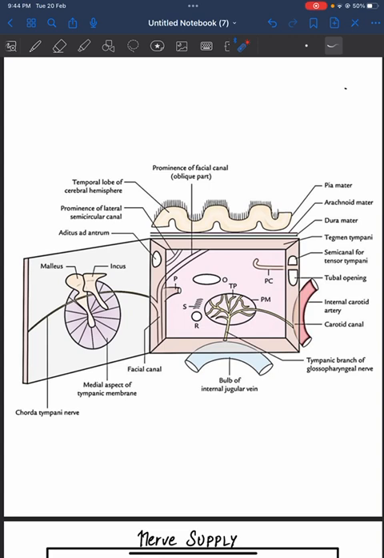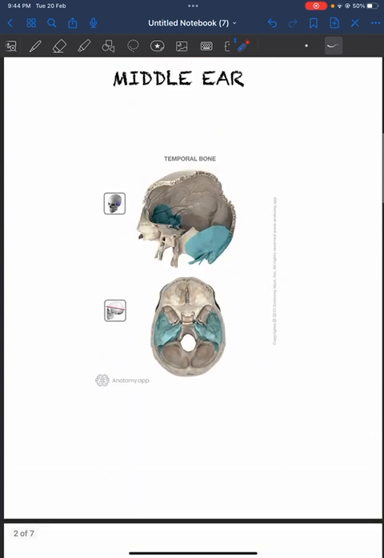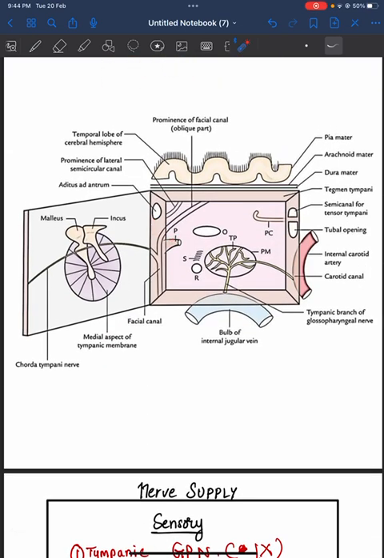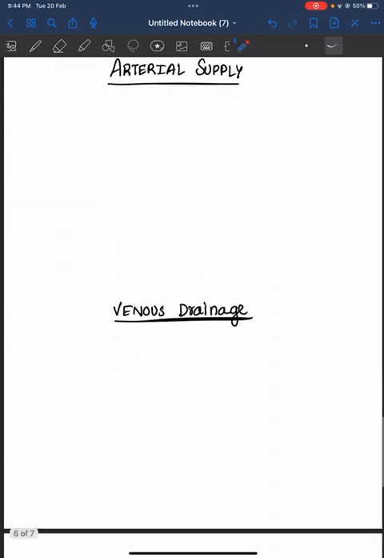And the other thing is the mastoid bone. You can see over here, this is the mastoid process. This is the styloid process. Mastoid part and the styloid part, right? So there is also a stylomastoid artery, which is a branch of posterior auricular artery.